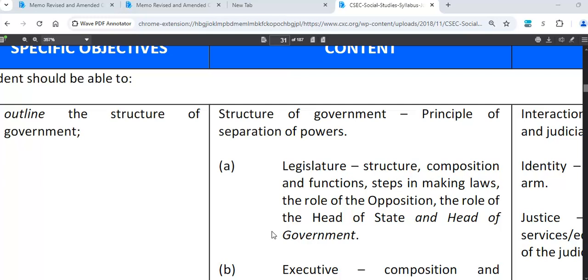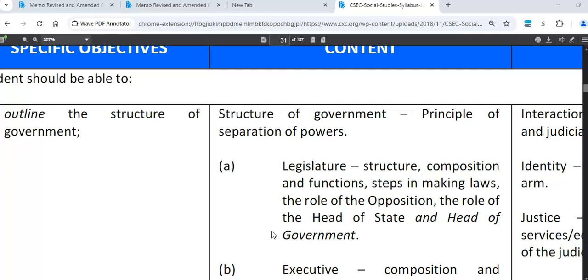So another role of the opposition is to call for a debate in Parliament on any issues which affect the population. So if the opposition thinks that crime is becoming a serious issue in the country, they can call for a debate in Parliament on that issue.